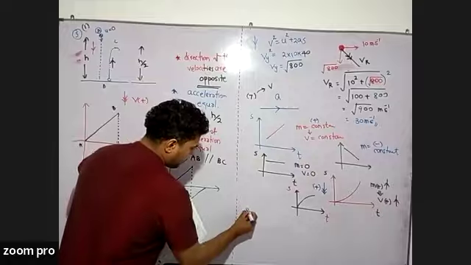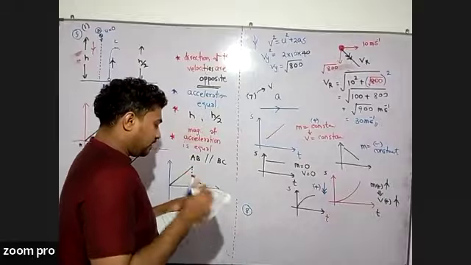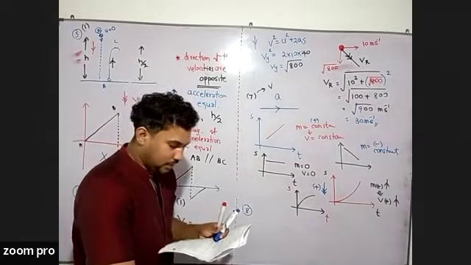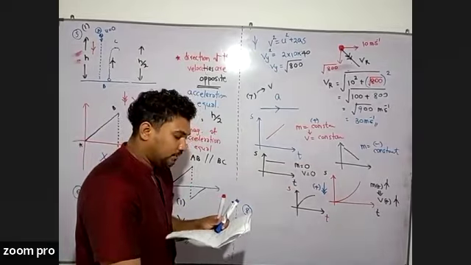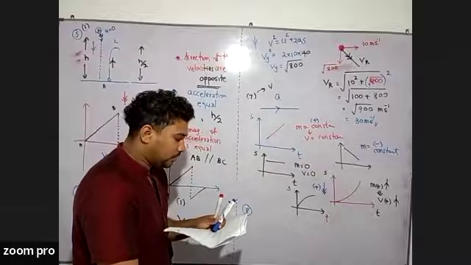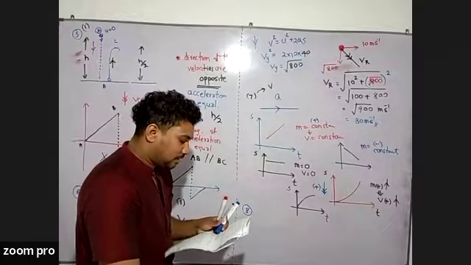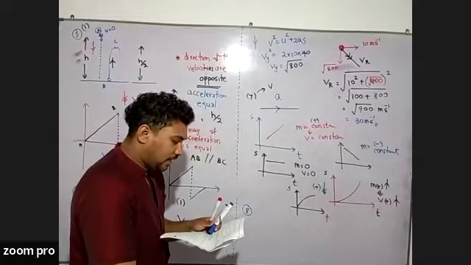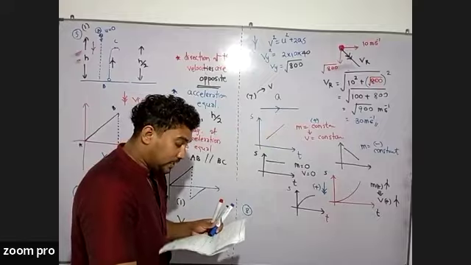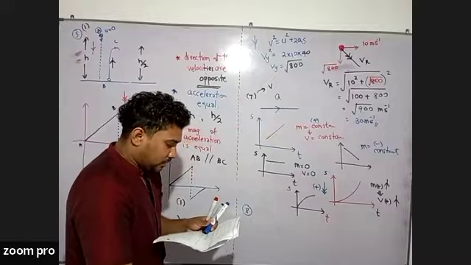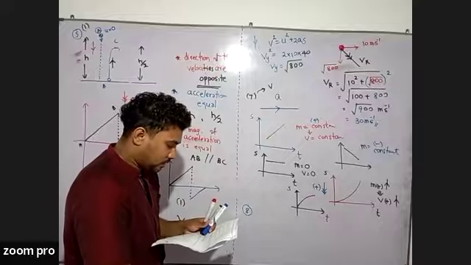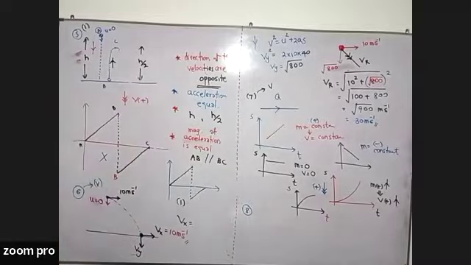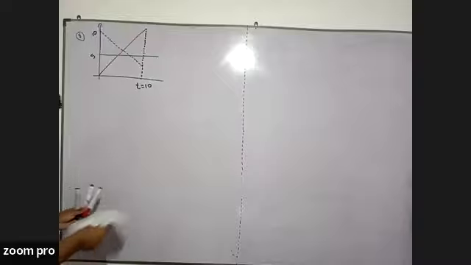In the eighth question, the figure shows velocity-time curves for three particles A, B, and C moving along a straight line. At t equals 0, all the particles are found together at a certain point on the straight line. Then after t equals 10 seconds, what should happen?